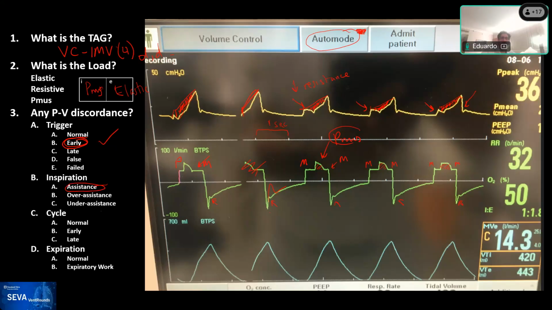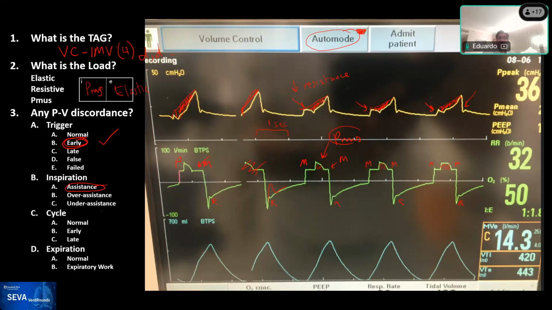Yeah, so I just wanted to make a comment that in this case, the dual targeting, which changed from volume to pressure, allowed or minimized the drop in inspiratory pressure. And you can see that the PMOS occurred at different parts of the breath throughout these 5 breaths that you have in front of you.